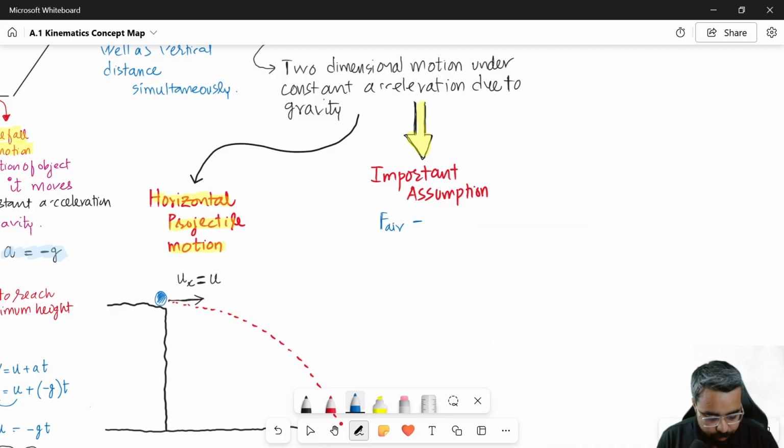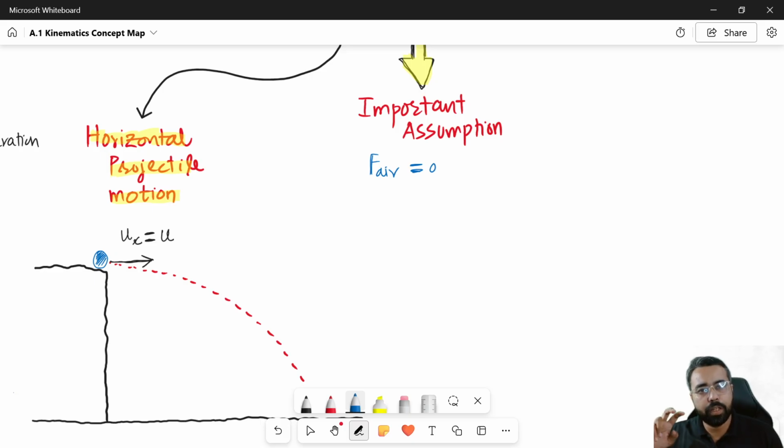So when there is no force due to air resistance, then only one force will be left that we can never ignore, that is the force of gravity. But the force of gravity, dear students, is the force along the y-axis, vertically downward. That cannot be ignored.